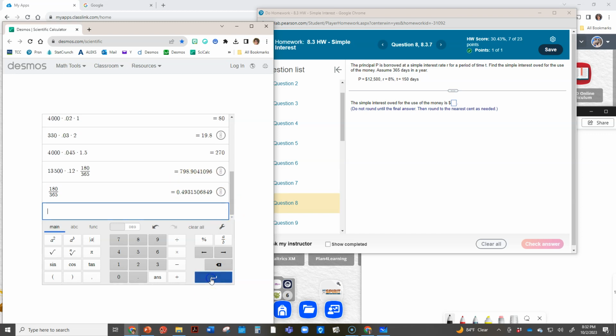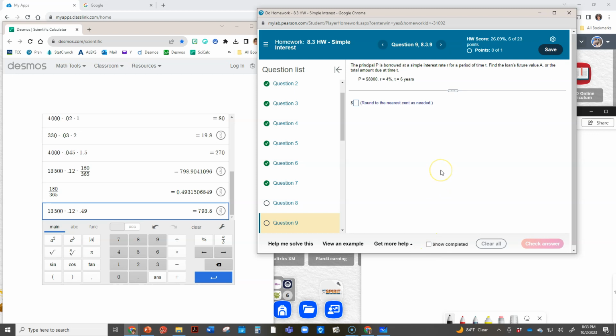Let's just do it. If I take 13,500 and multiply it times 0.12, and then multiply that by 0.49, 2 decimal places, now we get $793.80. That's a $5 difference. That's a rounding error. So that's why they said do not round until the final answer, which is why I left it 180 over 365.